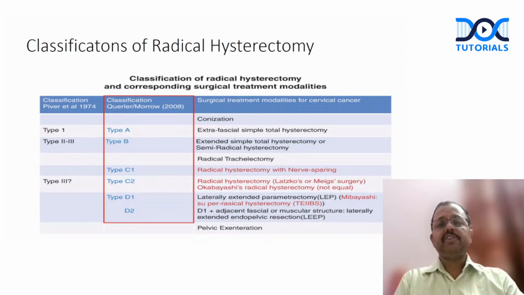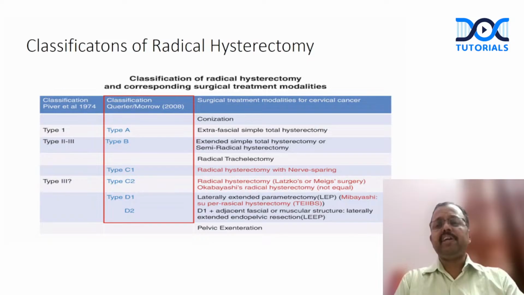Then you have the modifications or the other classifications in place, namely the Querleu-Morrow classification, where you have types A, B, C1, C2, D1, and D2. For the sake of simplicity, I'm not going into the details of these classifications because they are a topic to discuss in themselves.